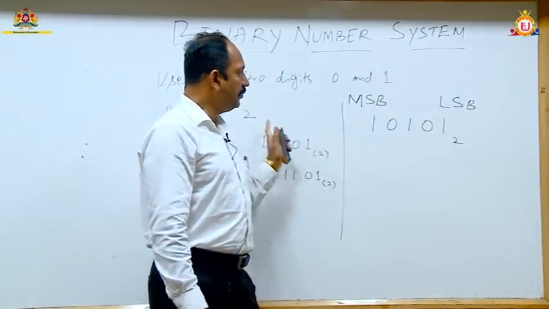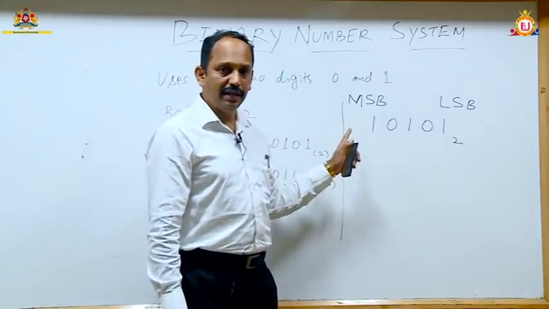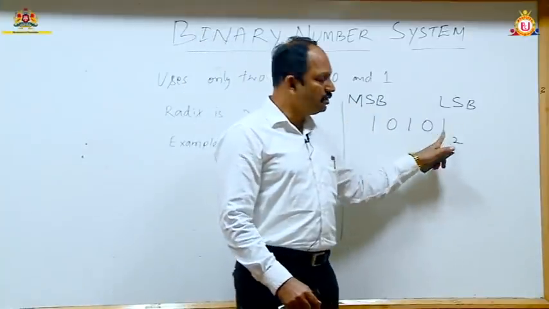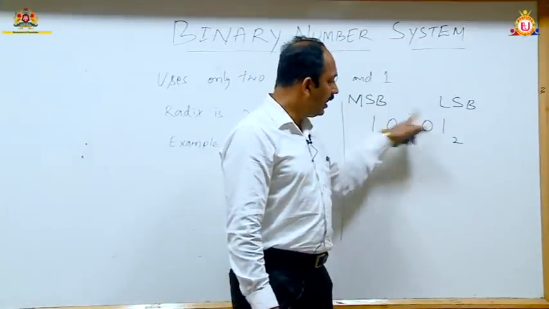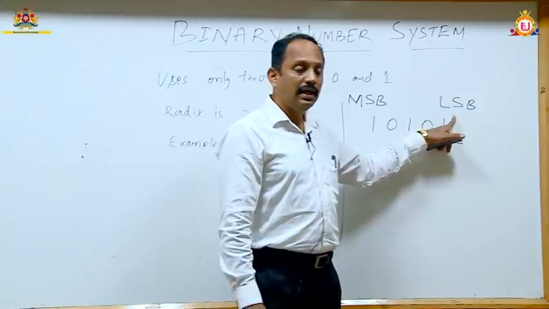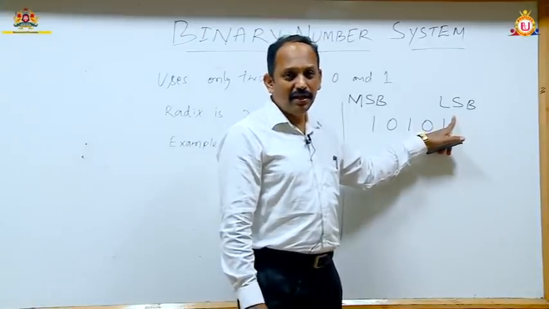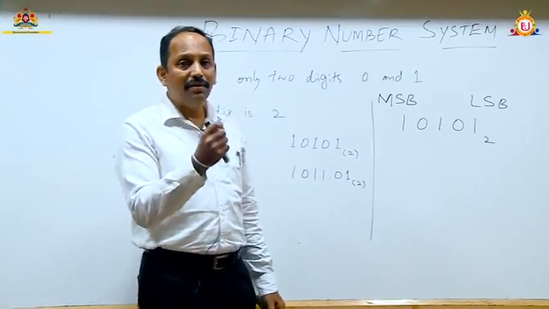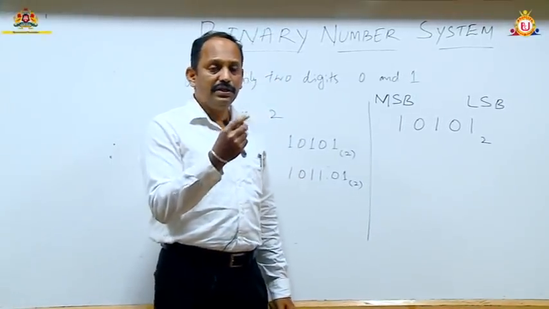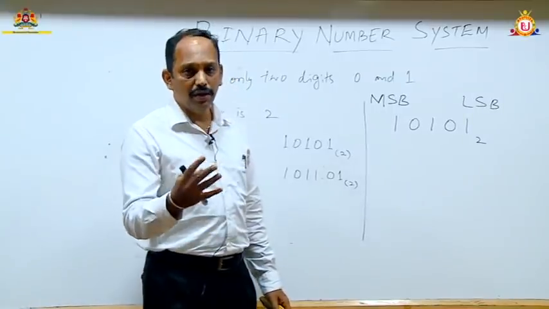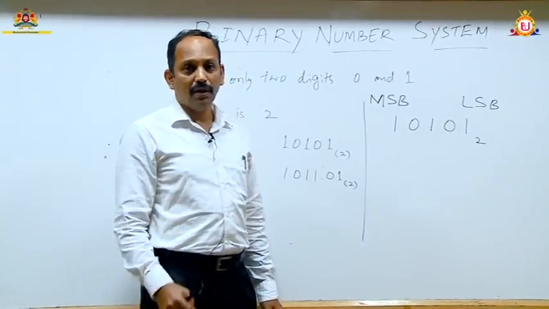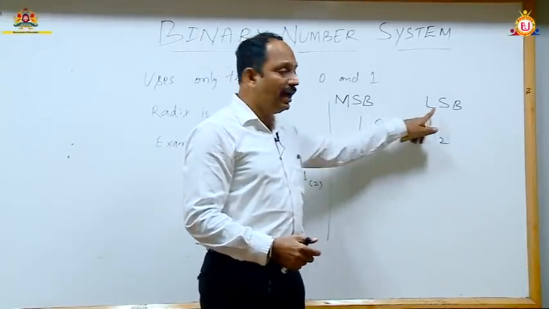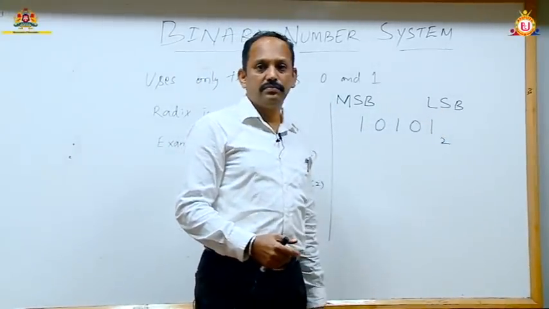The leftmost bit in the binary number is MSB. The rightmost bit in the binary number is called LSB, means least significant bit. So they represent the higher and the lower value respectively. How does it represent the higher value than the lower value?